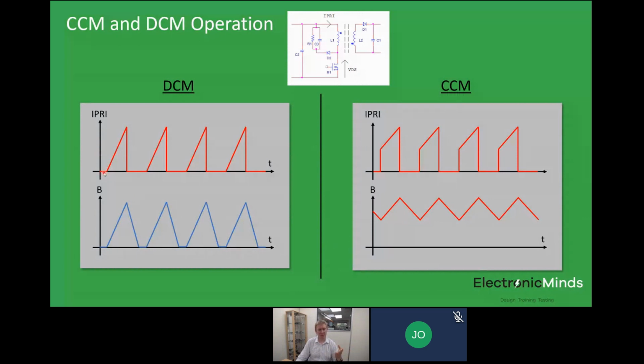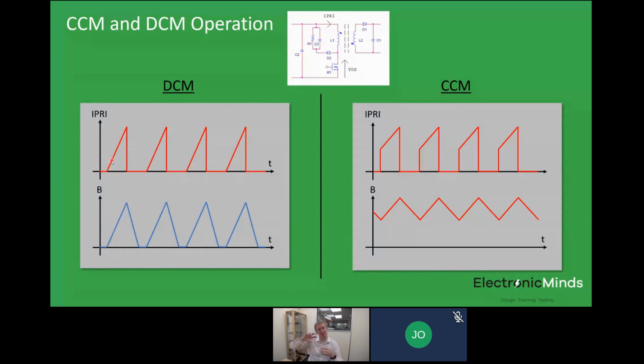With discontinuous mode operation, when the primary side MOSFET turns on, it starts its current flow from pretty much zero, and you have a linear rising current until the switch turns off. If you then, at the same time, were to plot out the flux density in the transformer core, due to the magnetizing inductance, you would see a linear ramp in flux density coincident with linear rising primary current.